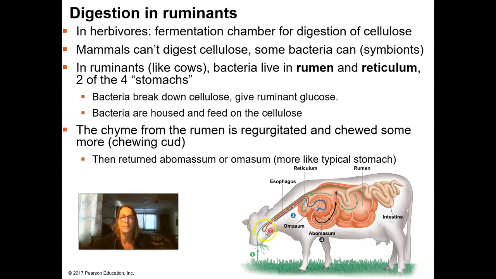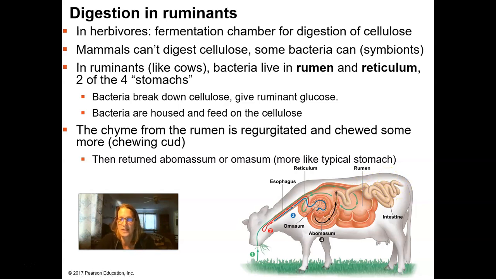And after that, the food will go back down the esophagus for the third time, and then it will move straight into the omasum, which is the third stomach, and the abomasum, which is the fourth stomach. Once it has now passed through all four stomachs and it has been chewed twice, now it can move into the intestine and can be eliminated.